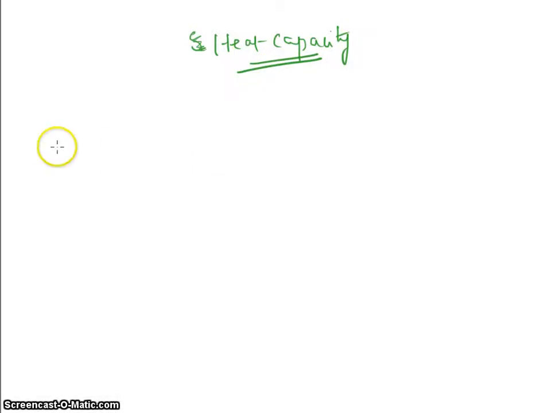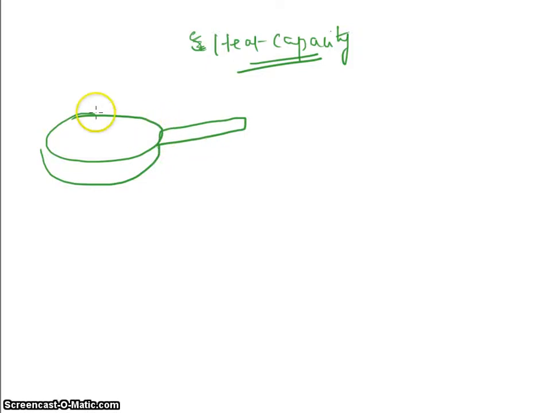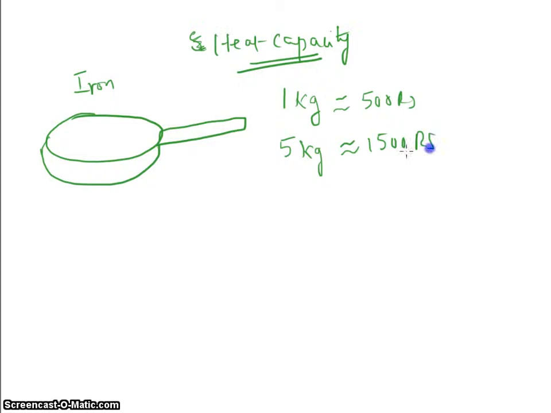Let's assume that you have a vessel, and this is made of iron, and you go to a shop and you want to buy this vessel, and a shopkeeper tells you that a 1 kg vessel is approximately 500 rupees, and he has another 5 kg vessel, and that's approximately 1,500 rupees, right?